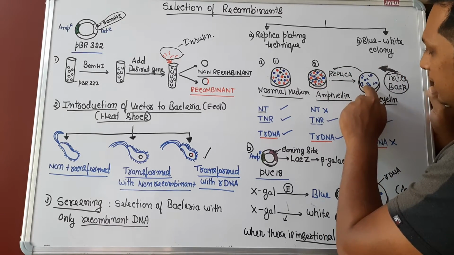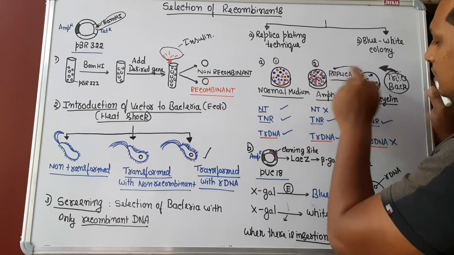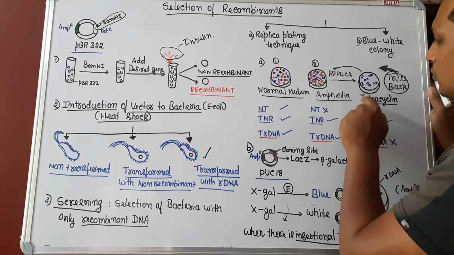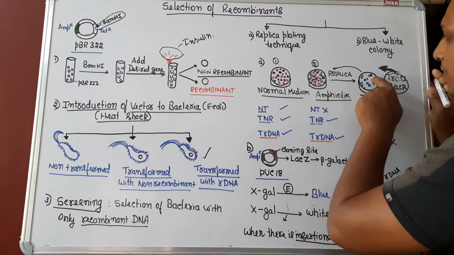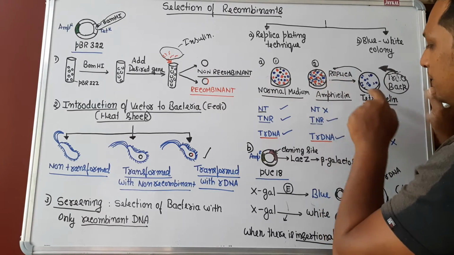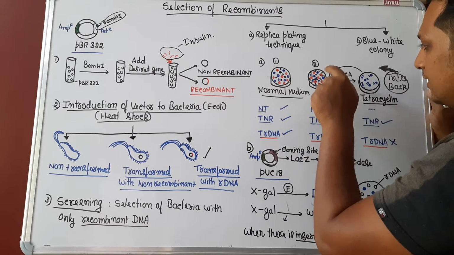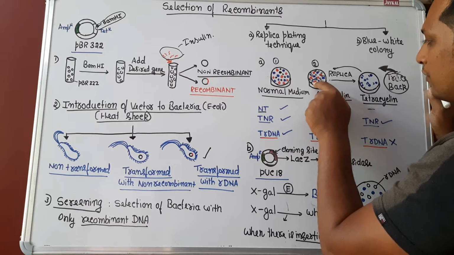In the previous plate, colonies in the same places indicate that these are non-recombinant cells. Whereas wherever colonies have disappeared, it means that these are the colonies containing the foreign gene. They are the ones required for our experiment.